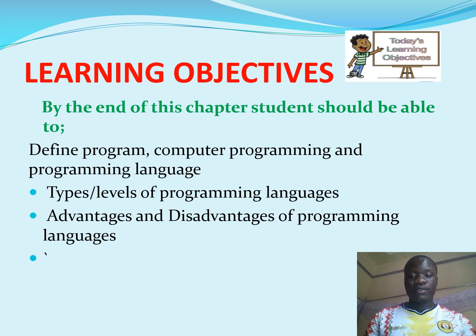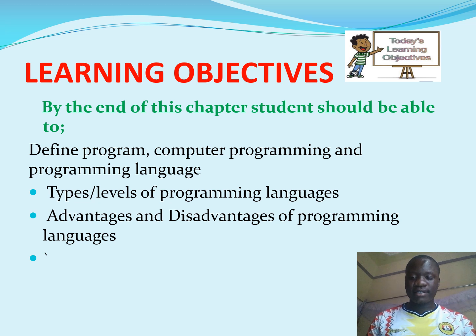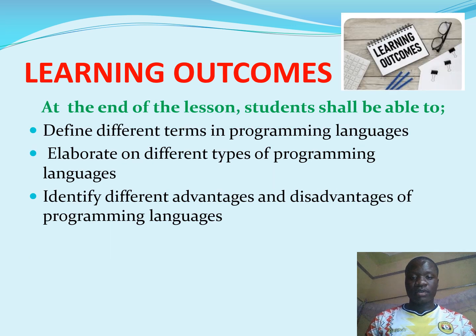So by the end of this, we are supposed to have known how to define those key terms. Also, we shall talk about the types and levels of programming languages, and lastly, the advantages and disadvantages of programming languages. So those three will be our learning objectives.